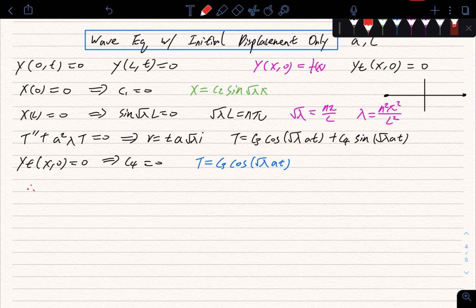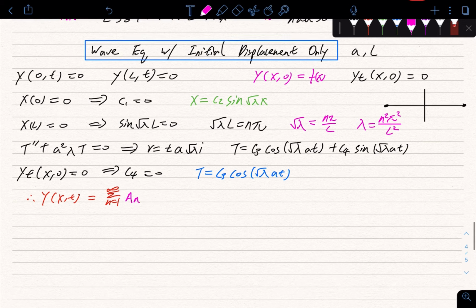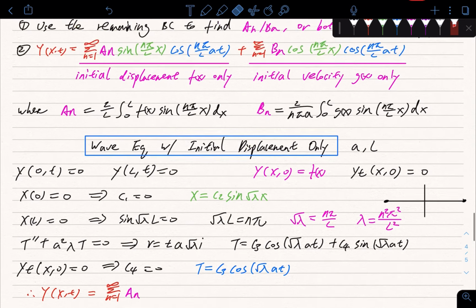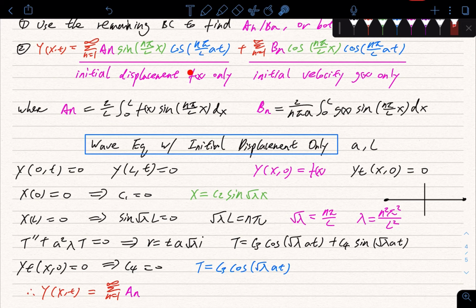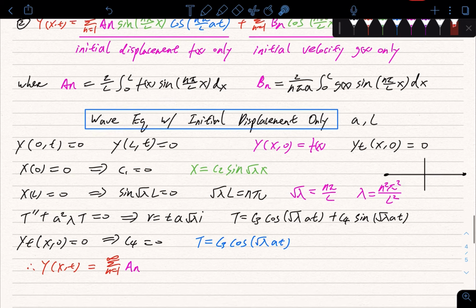Therefore, y of x, t equals the infinite series from n equals 1 of a_n, because again we only have the initial displacement, so we only have that term.